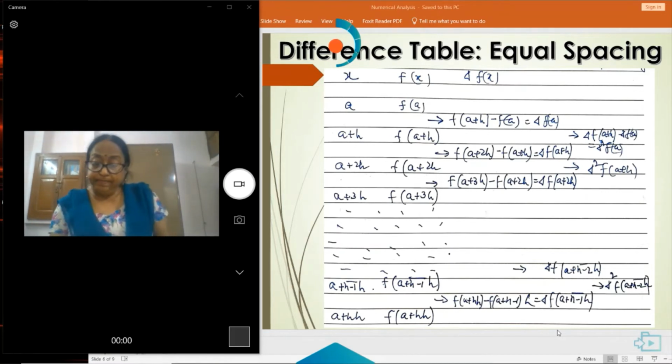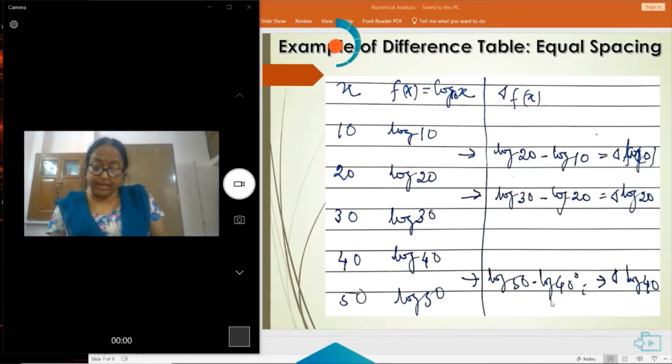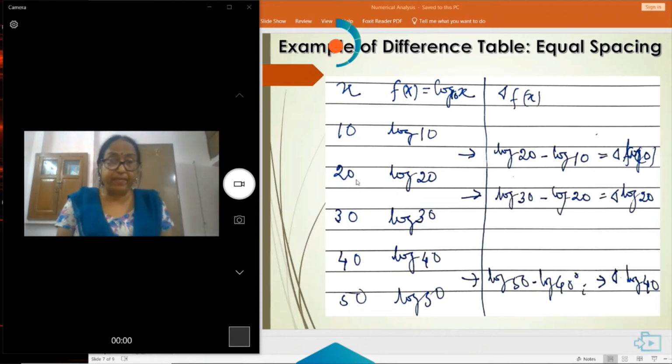For example, suppose x has the values 10, 20, 30, 40, 50, and suppose f(x) is equal to log x. That means the first value is log 10, the second value is log 20, the third value is log 30, the fourth value is log 40, and so on.